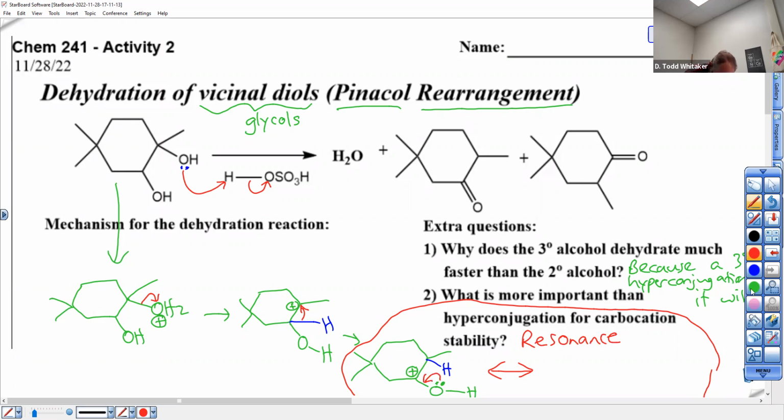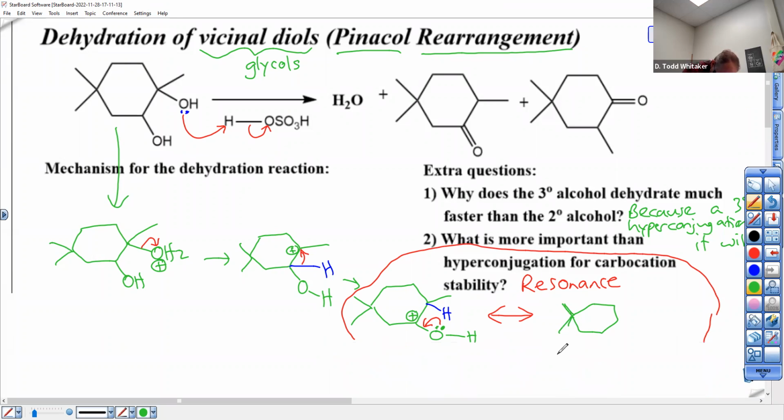Why? Simple reason. This species has a total of 0 octet violations. No OV. This one has an OV.